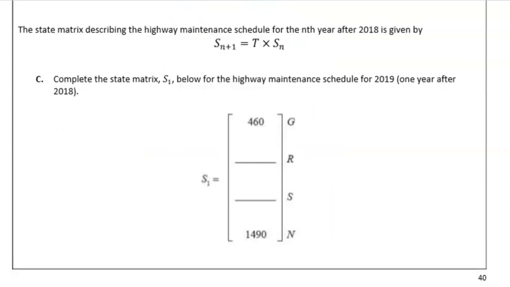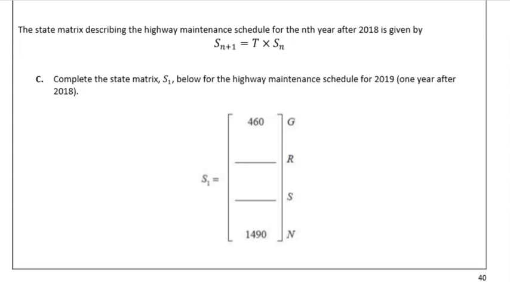We now have the state matrix describing the highway maintenance schedule for the nth year after 2018 given by Sn plus 1 equals T times Sn, in that recurrence relation form.